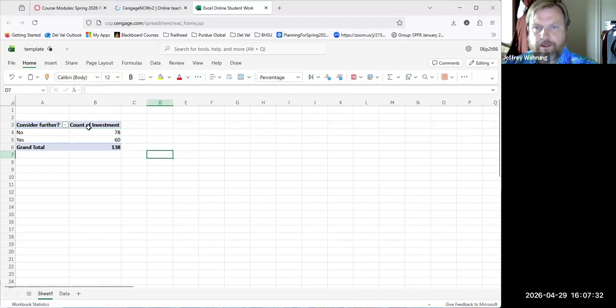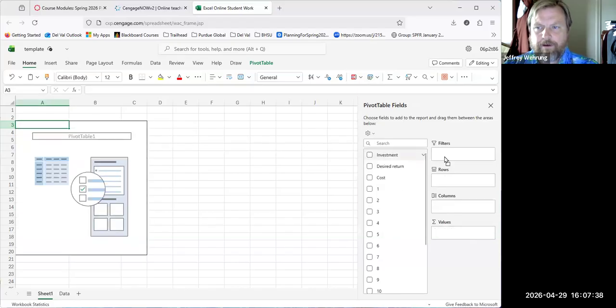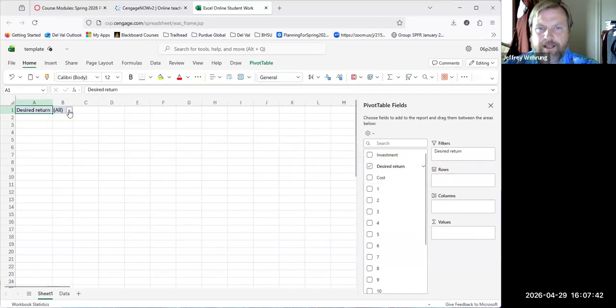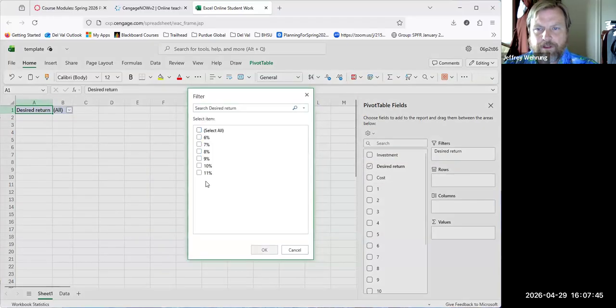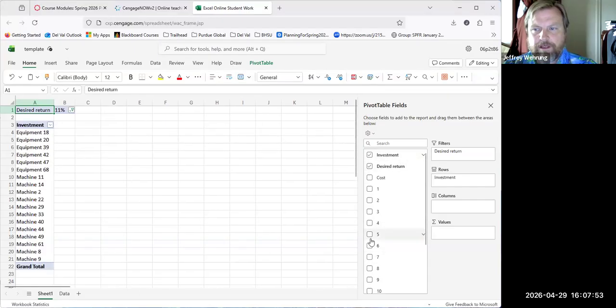So, get rid of all this. I know I'm going to have a desired rate of return as a filter. That's easy. I can say I only want to look at 11% because that's what mine said. And I want to know how many investments had 7 years.